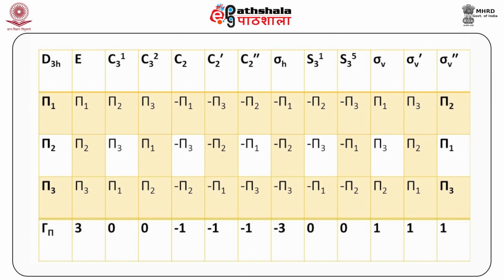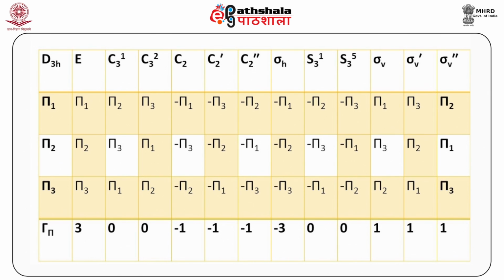And by doing this, what we get, the overall gamma pi is 3, 0, 0, minus 1, minus 1, minus 1, minus 3, 0, 0, 1, 1, 1. How am I getting the minus 1 result? Because when I carry out the C2 operation, these pi orbitals are inverted. Like this, we get the negative effect.